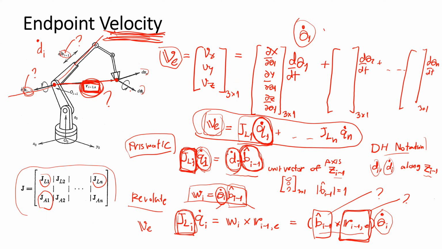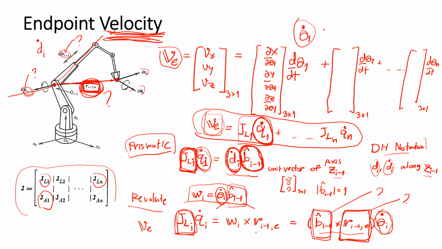For position, it may be a little more complicated. We need to consider the prismatic velocity and the unit vector of that prismatic. For revolute, it is the most complicated one. We need to compose the omega from theta dot and unit vector z_{i-1}, and we need to find the relative position vector, which we still don't know.